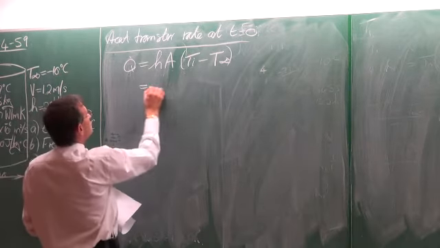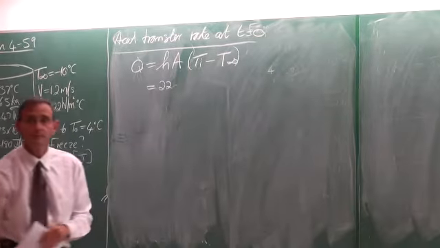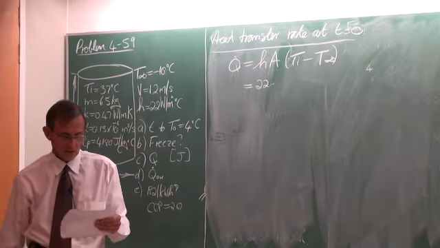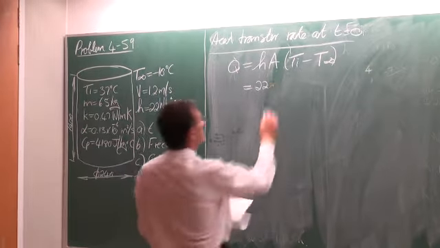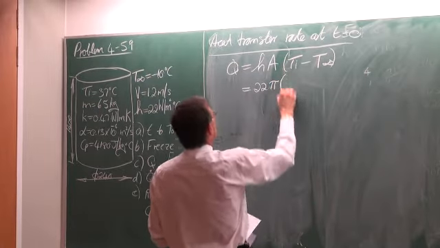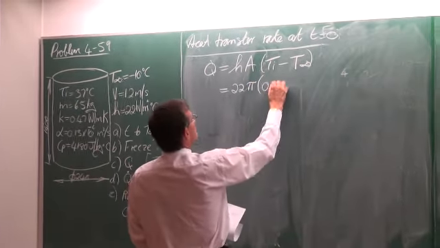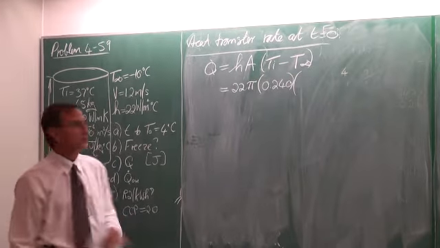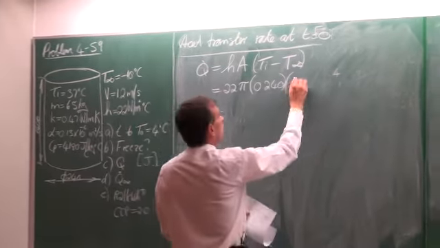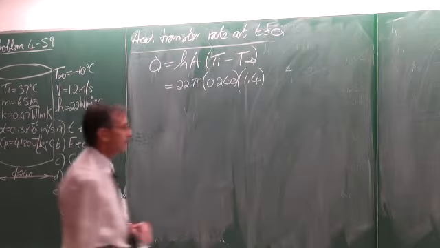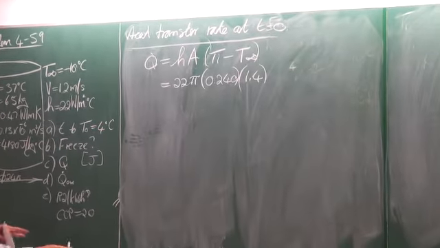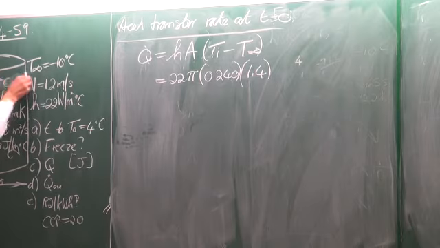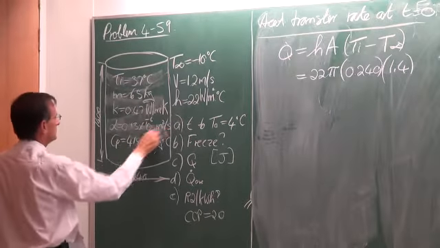Okay, the heat transfer coefficient of the body is 22. The surface area is pi multiplied by the diameter, which is equal to 0.240, okay, multiplied by the length, which is 1.4.